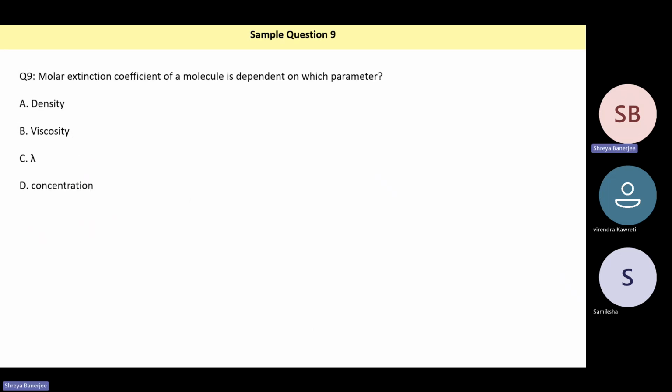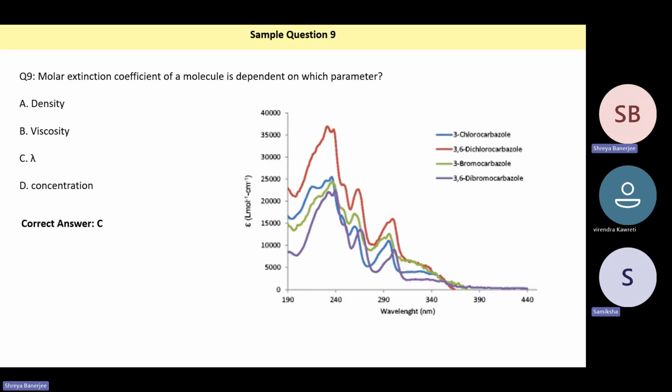The last question, one sec. It is asking, the molar extinction coefficient is dependent on which parameter? Concentration? No, see, the molar extinction coefficient is actually dependent on wavelength only.